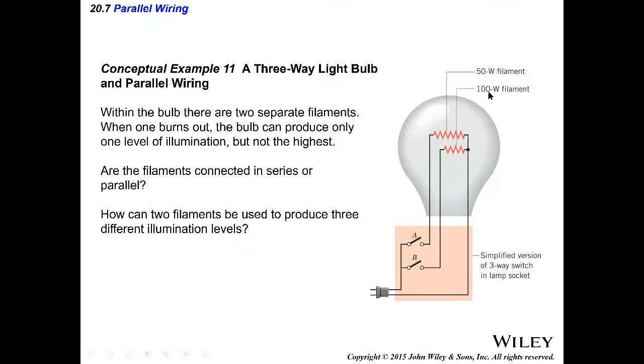And the fact that it is 100 watt means that the R here is smaller because the voltage is still the same. Therefore, this resistance is smaller so that the power is V squared over R, right? And then when you now have both of them on, then the net resistance is 1 over this R plus 1 over this R, but this R is twice that.